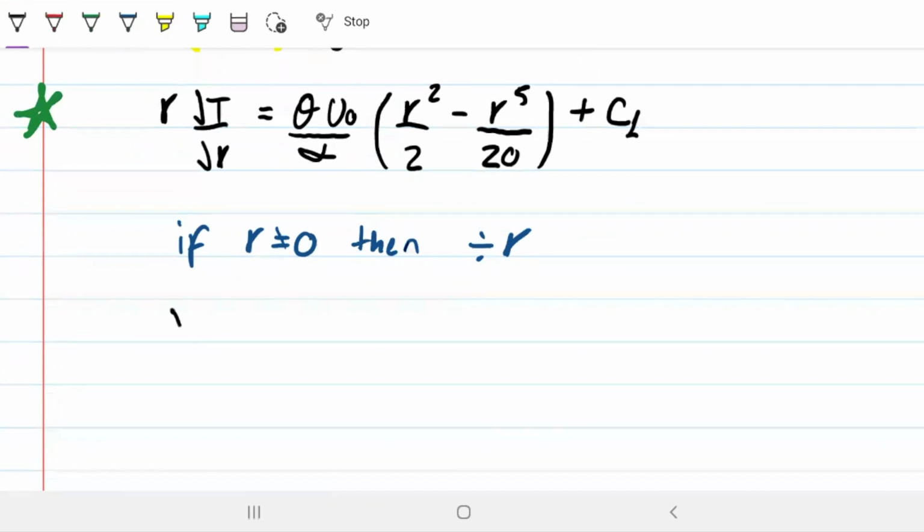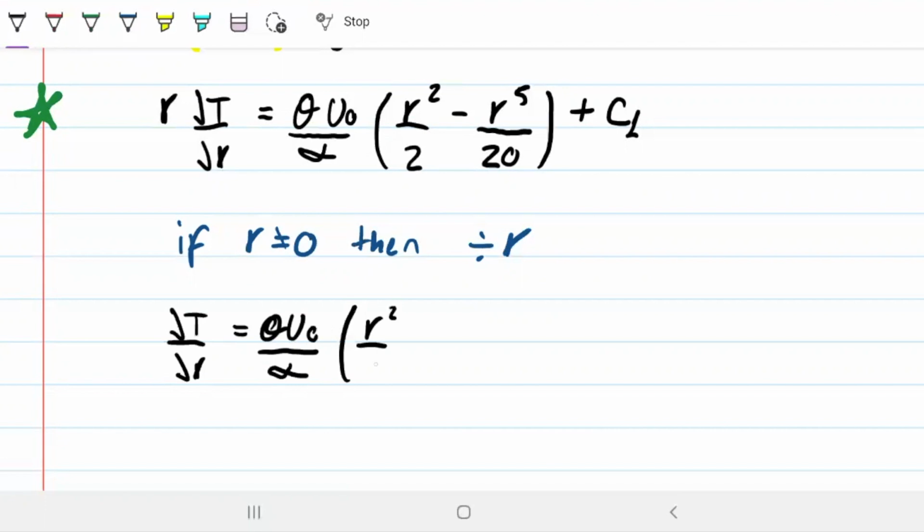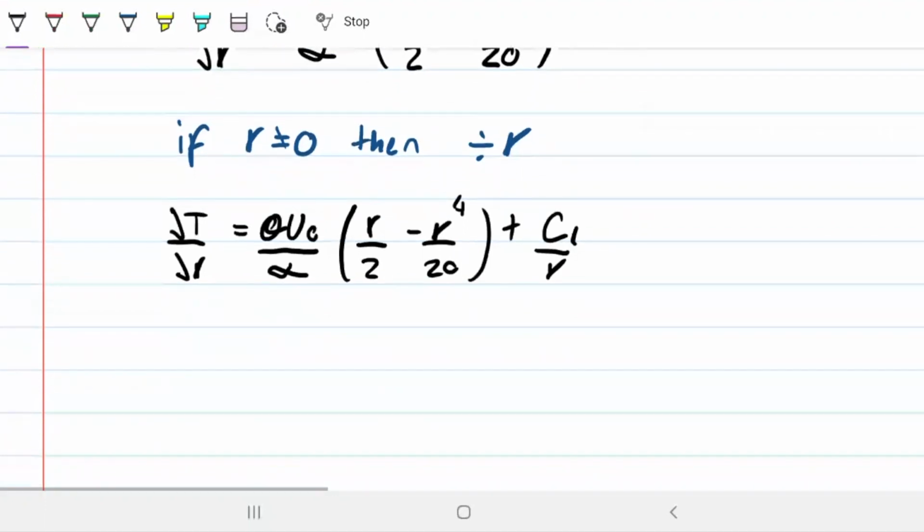So on the left-hand side, I'll just be left with dt dr, and on the right-hand side, I'll have theta u naught over diffusivity times r squared over 2 minus r to the 5th over 20, all of this multiplied by, I'm dividing by r, right? So I can downgrade these powers. So this is going to be r, this will be r to the 4th. But over here, I'm also going to have r, right?